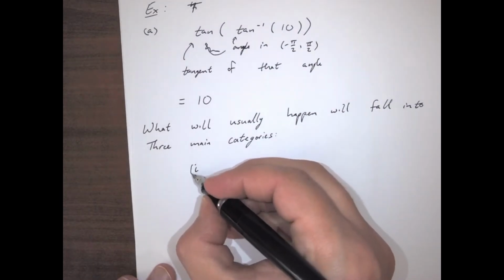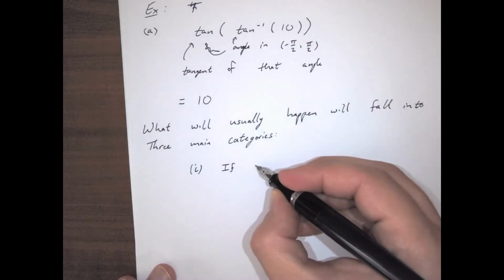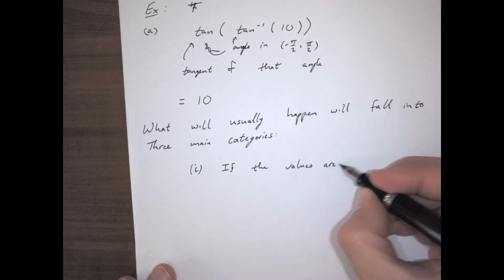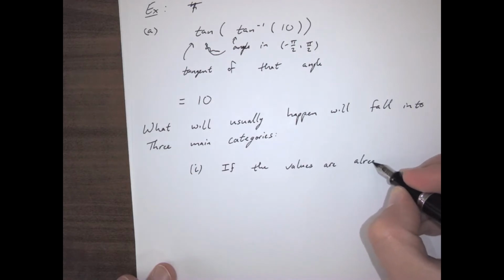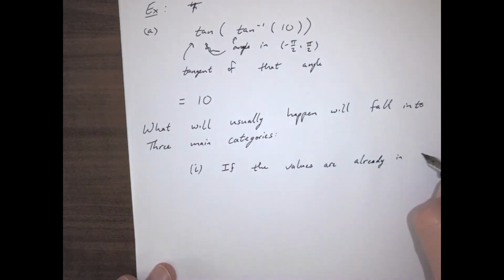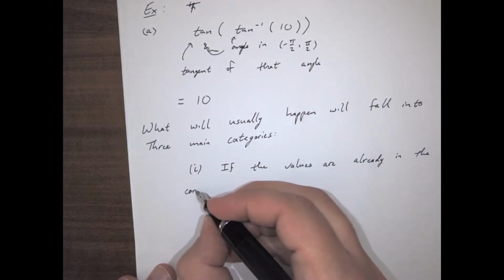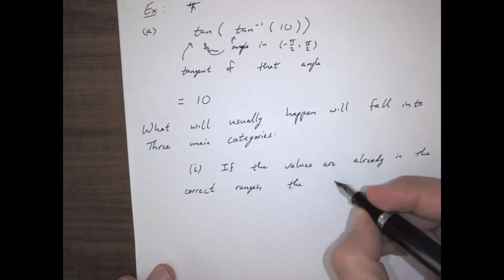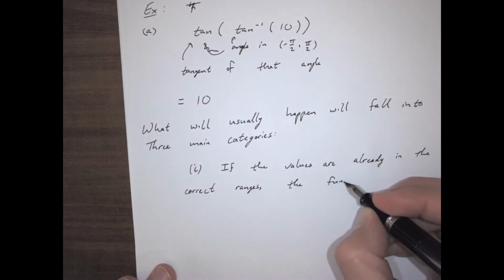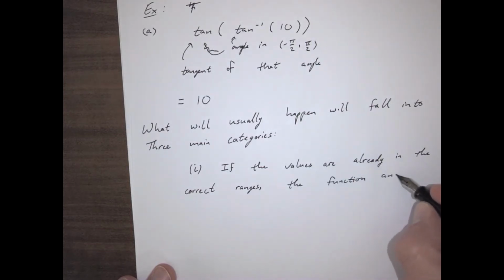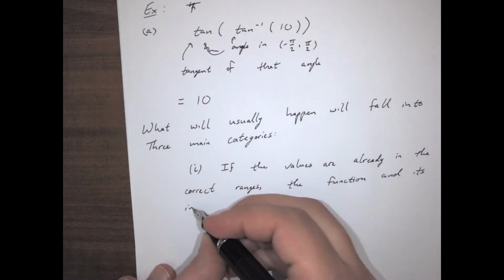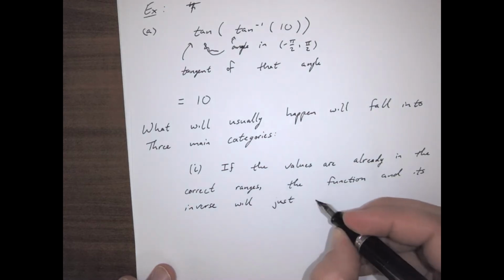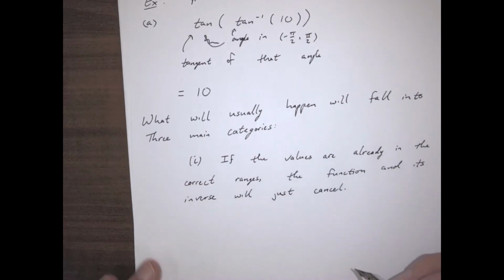One, if the values are already in the correct ranges, the function and its inverse will just cancel.